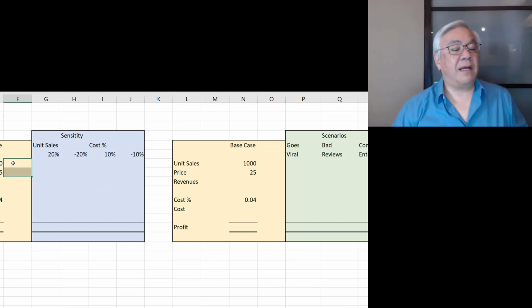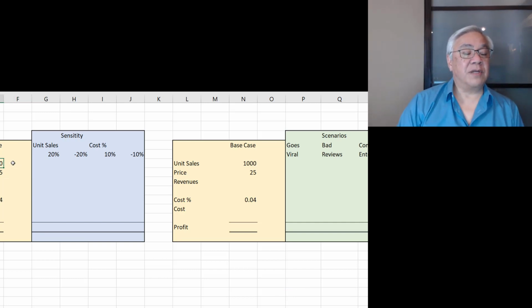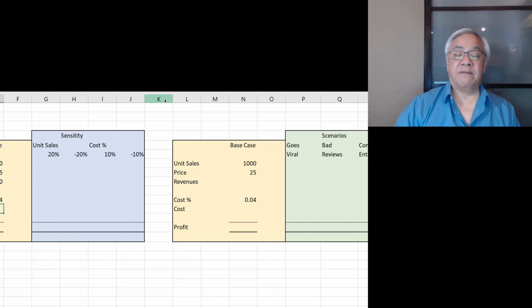What's the base case? Well, we have 1,000 units at $25, so the value of our sales is $25,000. The cost is 4%, so the 4% cost is 4% of what? Of that, and our profit is therefore revenue minus cost.